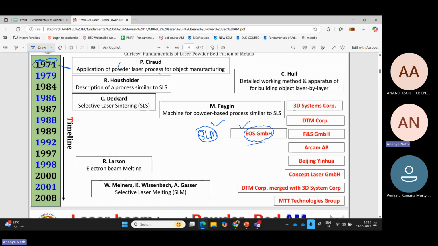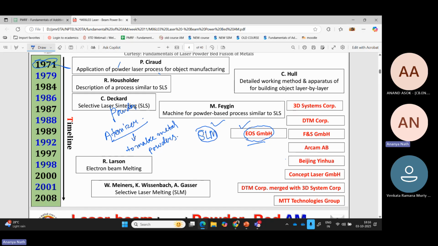We use a powder atomizer to make metal powders. You can search for atomizer, you will see the principle. It's very simple. There are plasma atomizers, there are gas atomizers. So you make the metal powders.